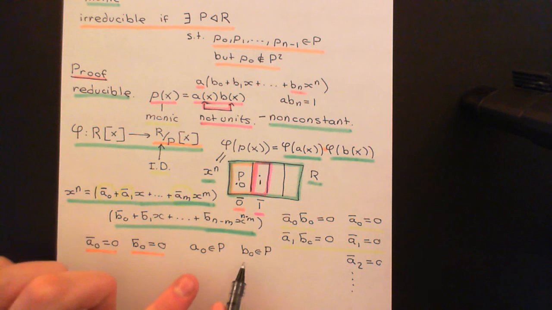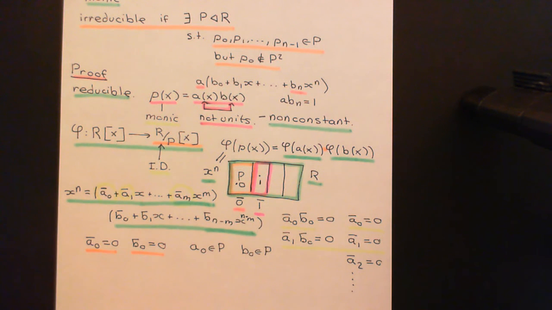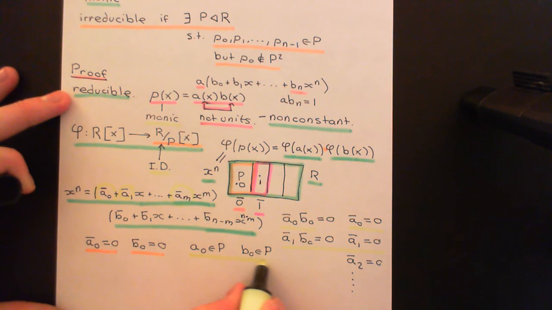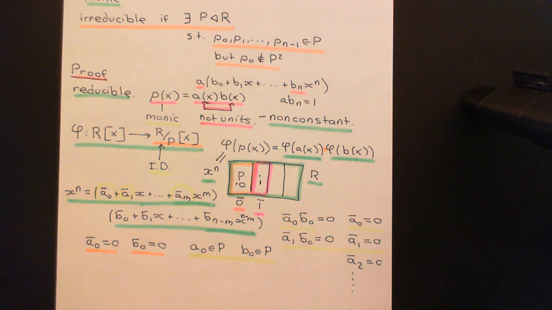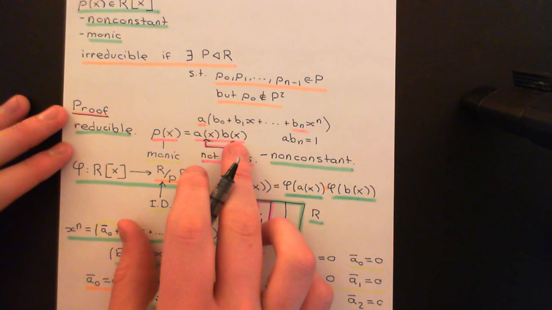Because only then would a0 and b0 have been taken onto the coset, which is the additive identity in our quotient ring. So we can conclude now that a0 and b0 are both in the prime ideal capital P. And now remember that p of x is equal to a of x times b of x.